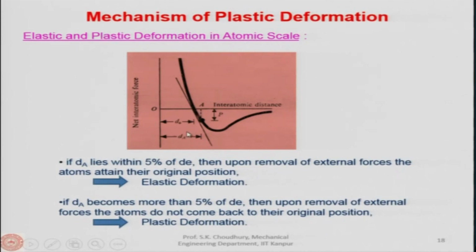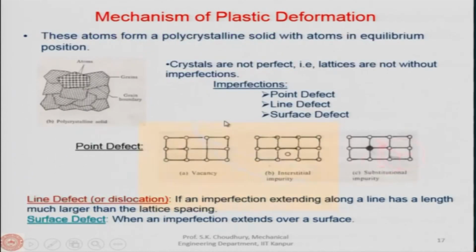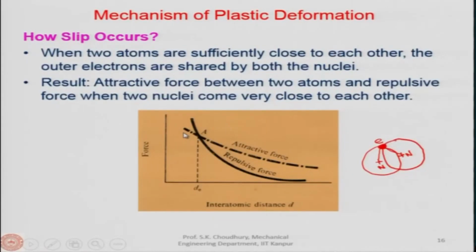Now, suppose this is the point where the tangent starts, intersecting the 0 level or the x axis at this point. That means at this point the attractive force and the repulsive force will be the same. I am talking about this curve, if you remember.